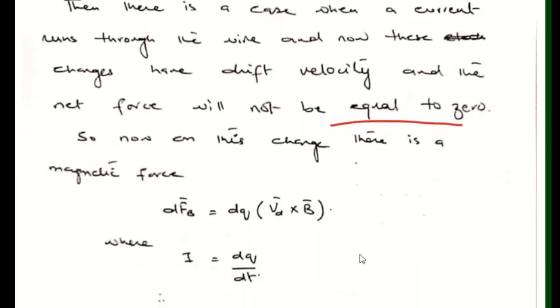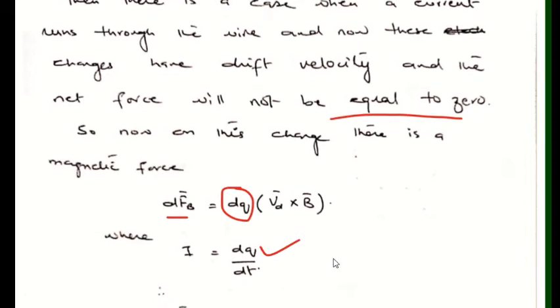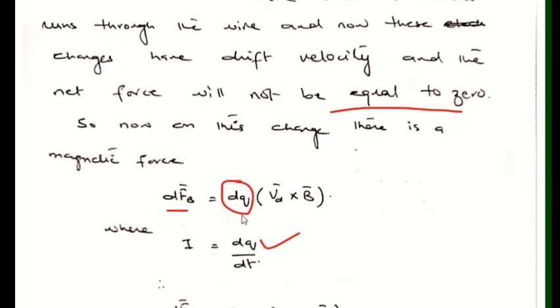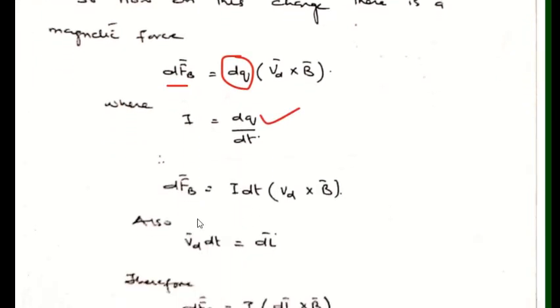So we can write the equation dFB equals dq into Vd cross B. We also know that current is equal to dq over dt, so I can write dq equals I dt, replace dq, and get dFB equals I dt into Vd cross B.